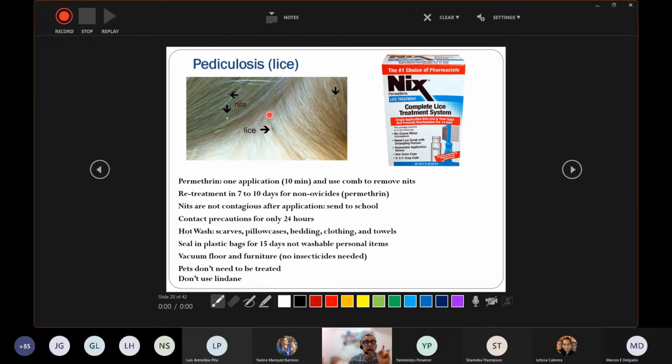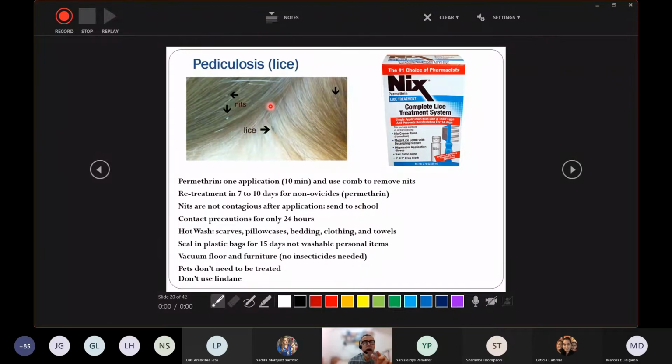For that reason, when a child is diagnosed with pediculosis, they should be sent home in contact isolation and should be prescribed permethrin. We don't use any other anti-pediculosis medication here. We don't use malathion, we don't use lindane, only permethrin, which is not toxic. It's the approved one.